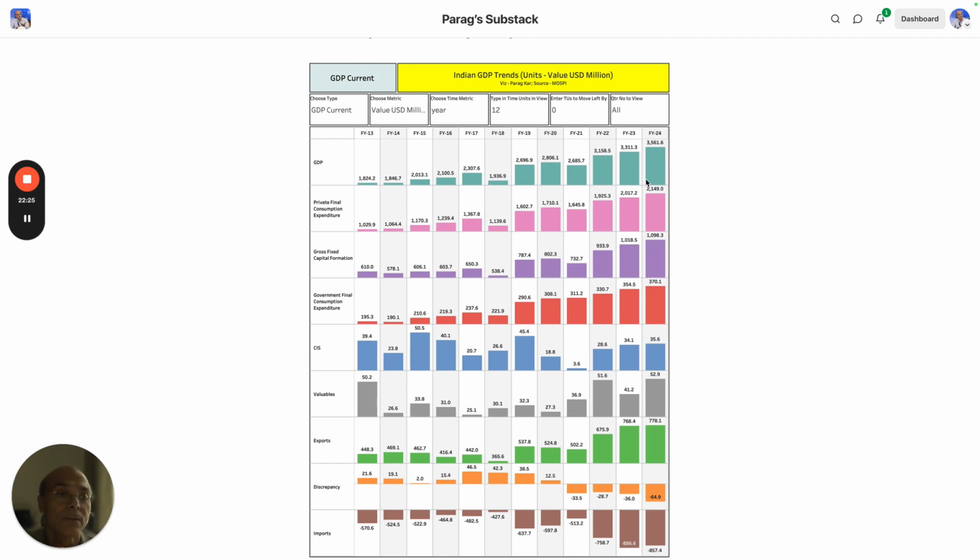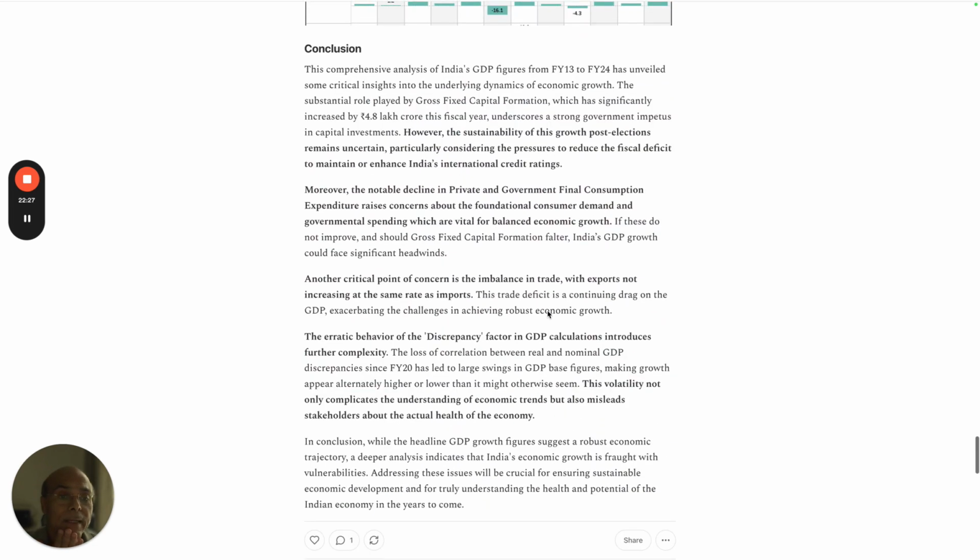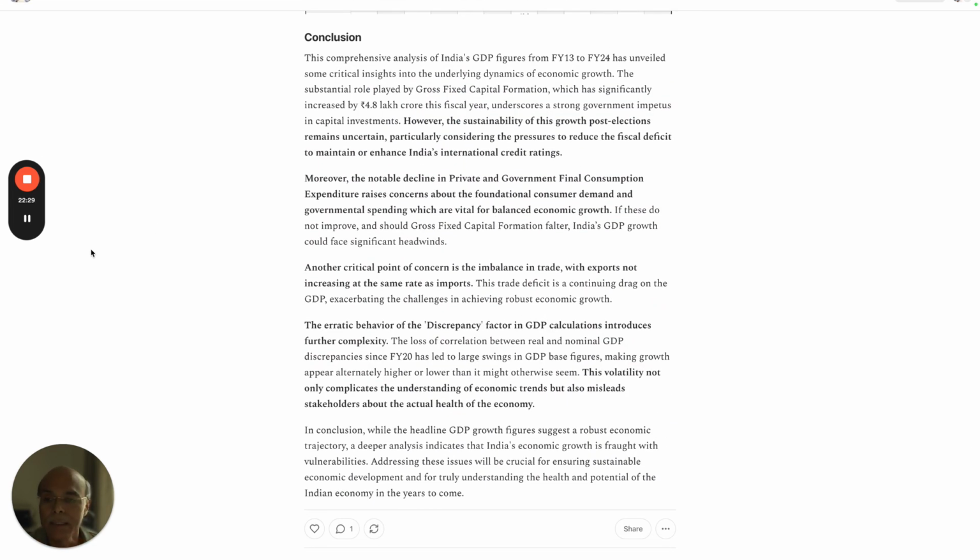So, in summary, what we basically see in this GDP data is that a substantial role has been played by the gross fixed capital formation, which has increased significantly to 4.5 lakh crores. This fiscal underscores a strong government impetus in capital investment.